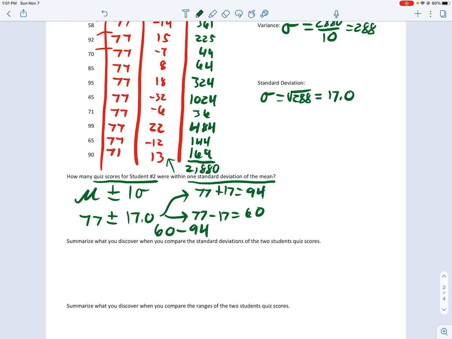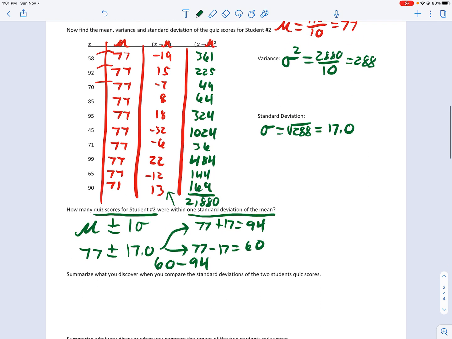Again, pause the video and count how many quiz scores are between 60 and 94. So hopefully you got the numbers 65, 70, 71, 85, 90, and 92.